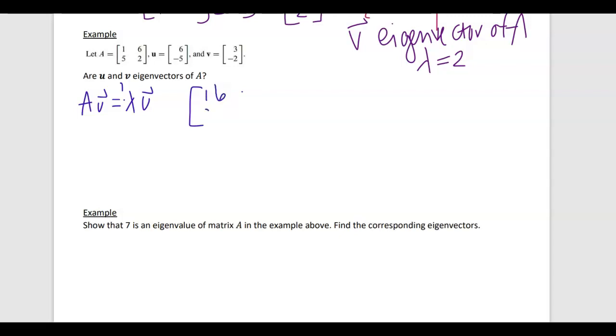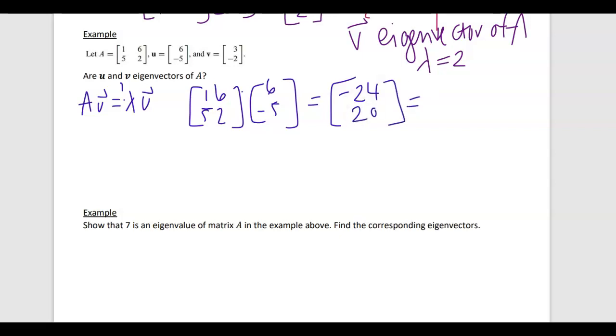So A times U ends up giving us -24 over 20. And we see that that's -4 times U, right? So yes, U is an eigenvector, and the eigenvalue associated with that is -4.